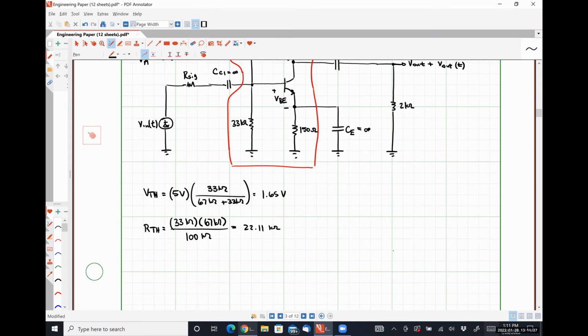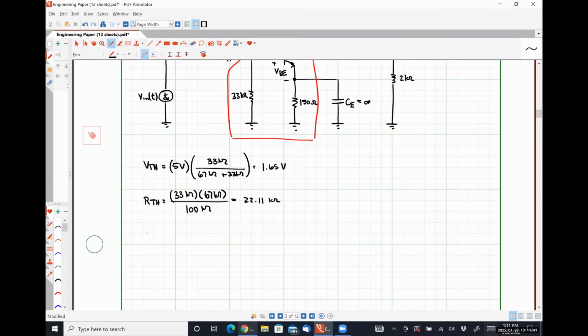And then I have my equation, right? So I know that VTH, which I know, is equal to VBE plus RTH plus 1 plus beta, which I know, multiplied by RE, all of that multiplied by 1 over beta IS EXP VBE over VT, which I can solve for VBE.